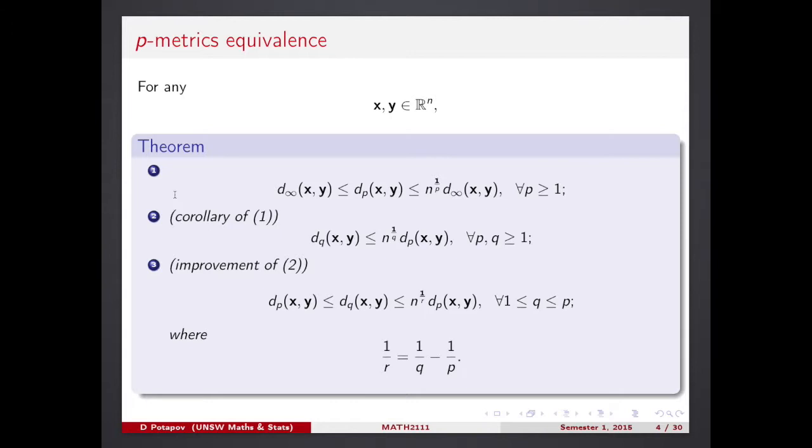Those of you who later study these dp metrics in more detail will probably see the proof for the third part. But it's a lot harder to prove than the first two, and we're going to look at the first two only. For this topic, the first two parts of this theorem are sufficient. The third one I just introduced because I like metrics and relations between metrics.